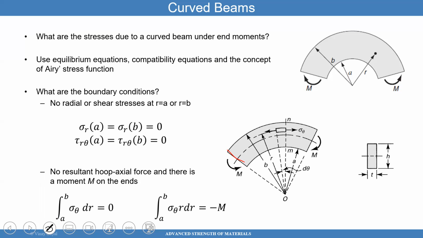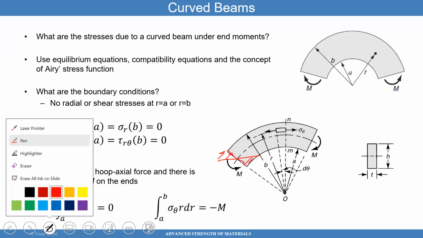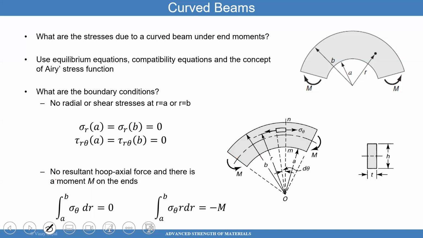In fact, there is, because there's a moment applied. And to get that moment applied, the only way to do that is to apply stresses this way and stresses that way on that surface to get the moment going. But the resultant of it is not a value.